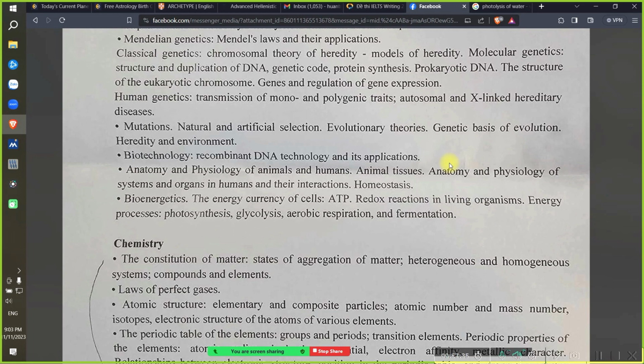So the whole picture in here is that we have the reactants are light, water, NADP plus, and ADP plus phosphate group, and the products of this reaction are oxygen, ATP, and reduced NADPH. Never mind. Don't worry about it.